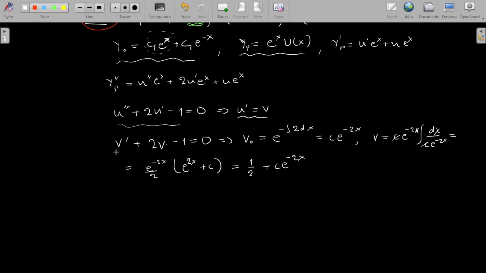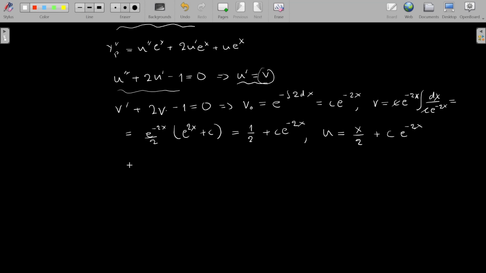So u is x over 2 plus the integral of this, another constant e to the minus 2x again, don't really care, plus another constant.